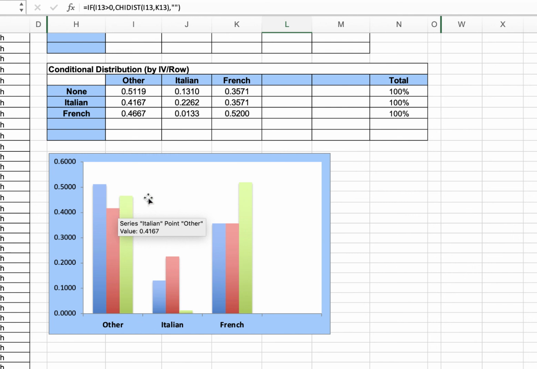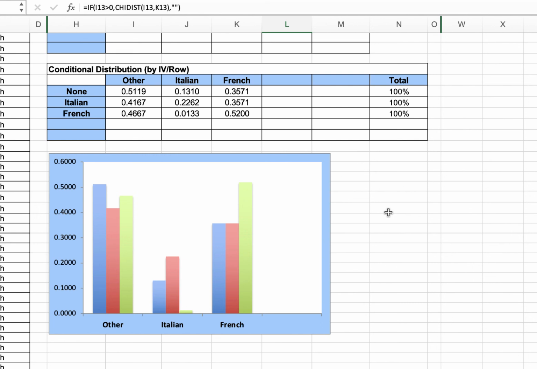No strong effects there. But when the Italian music is playing, right, we do see some changes. The Italian category jumps up and the French category down. And we see the reverse effect when the French music is playing.